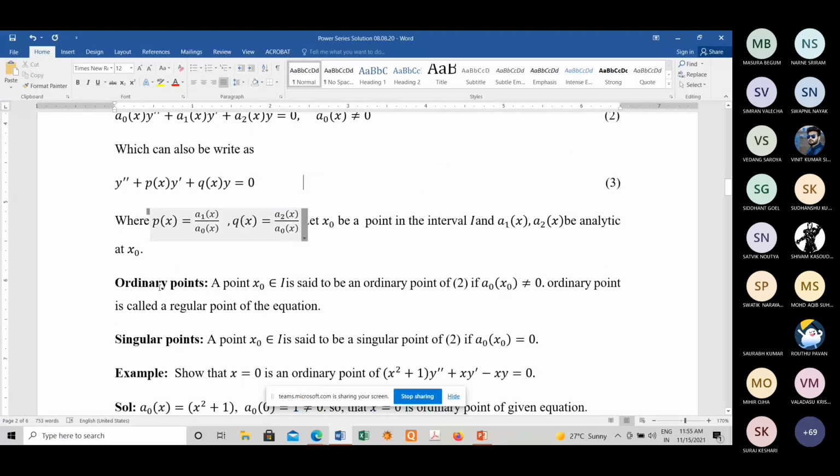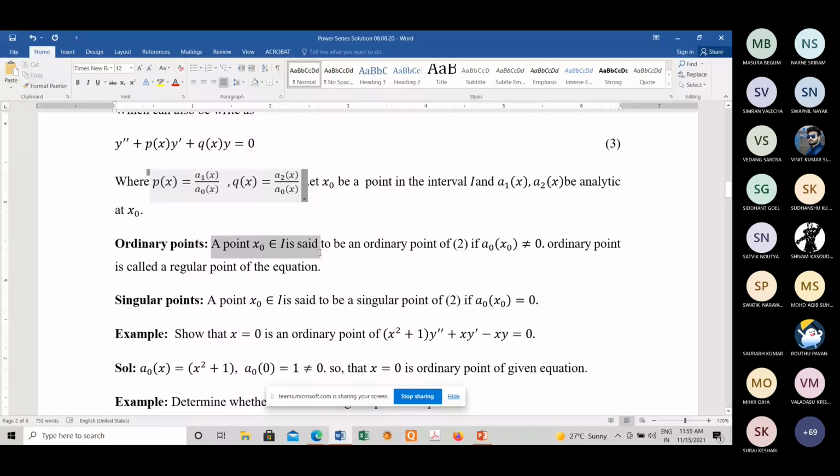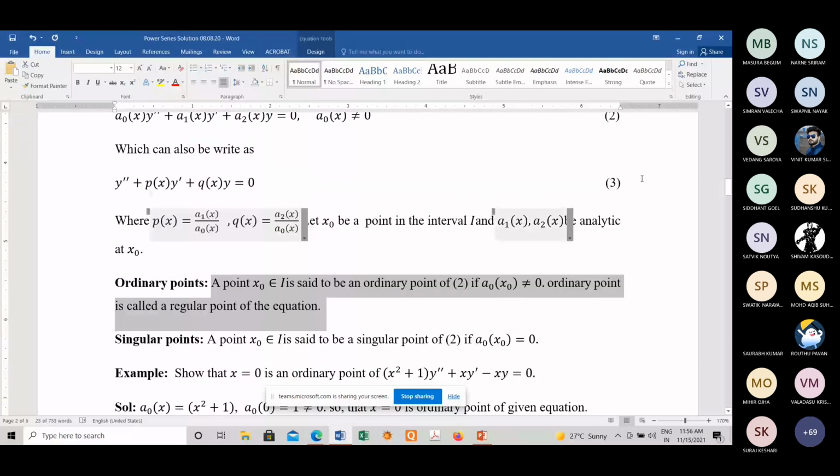I mentioned here, a point x equal to x naught is said to be an ordinary point of a differential equation, whether you say 2 or 3, both are the same. Sometimes an ordinary point is also called a regular point of the equation, and a singular point simply means not analytic at that point.